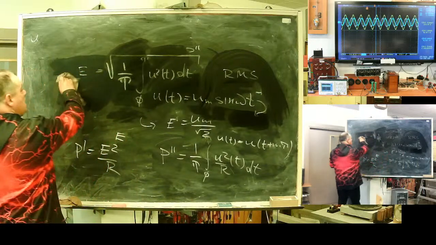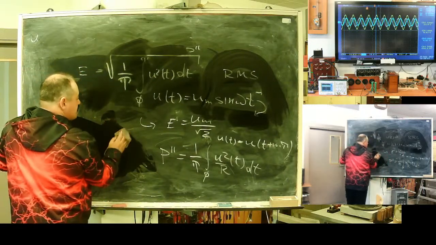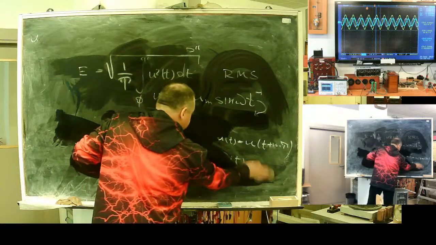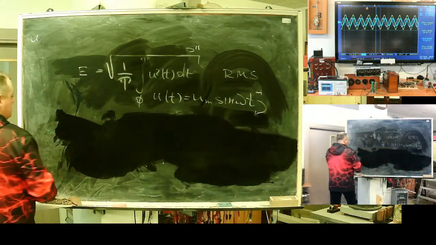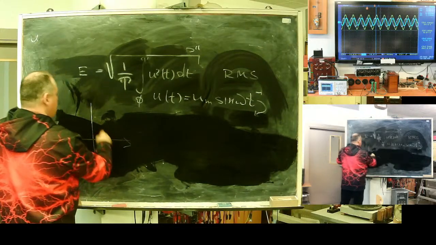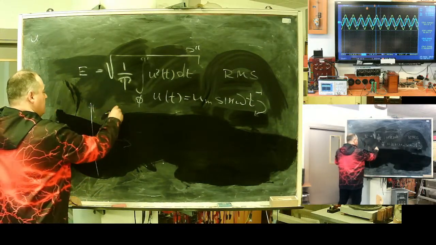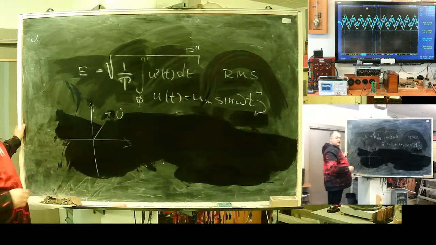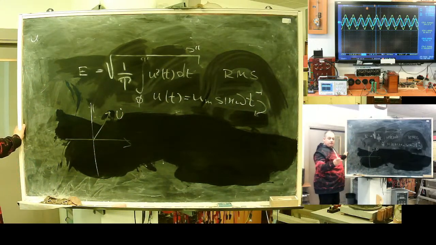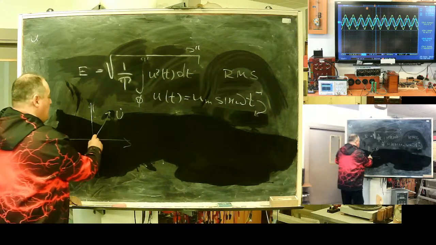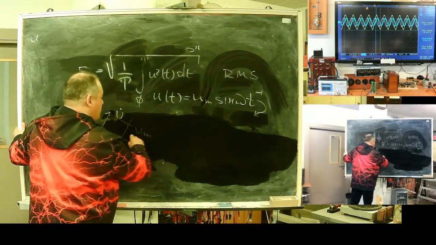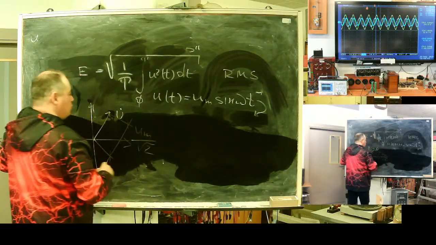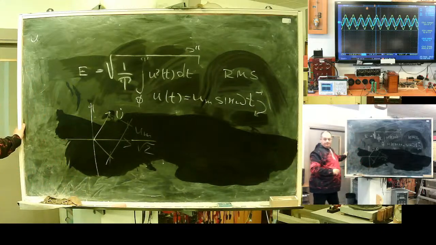So, in the system of the symbolic technique, one trick is done. This voltage vector is assumed to be not U max, but U max divided by the square root of 2, the effective value.